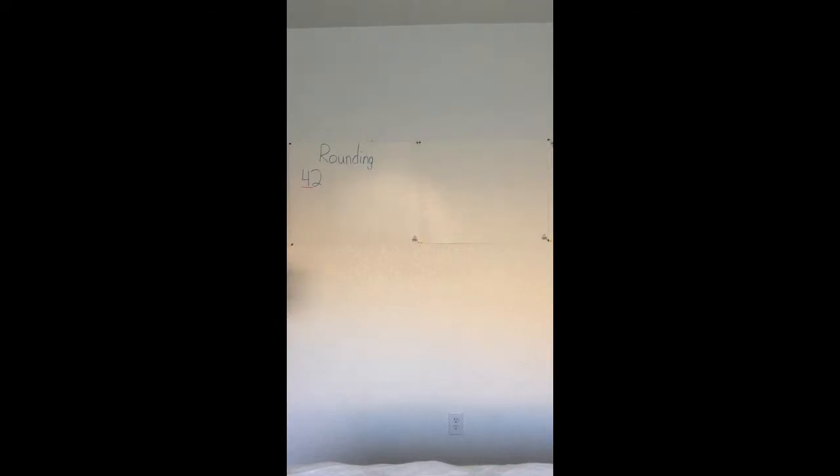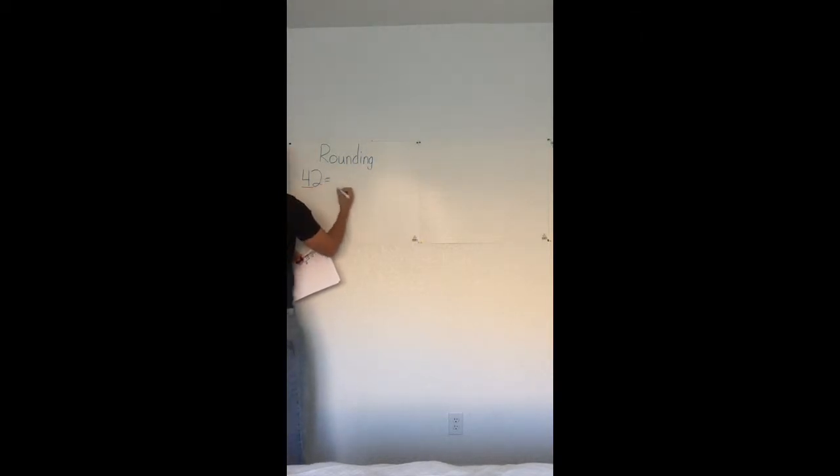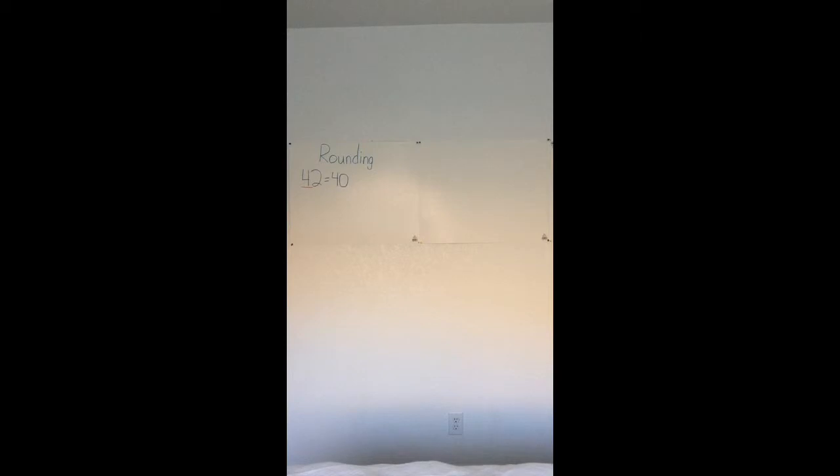So can anybody tell me what this number would be? That's correct. Since the 2 is below 5, it would go down to 0, and the number that you're rounding to would stay the same. So it would just be 40.